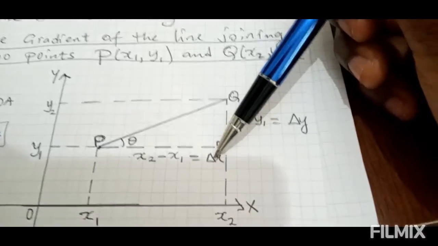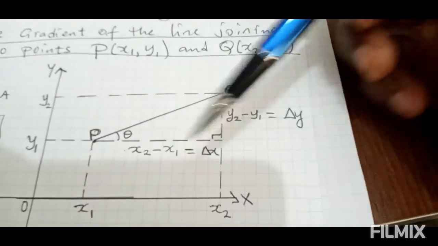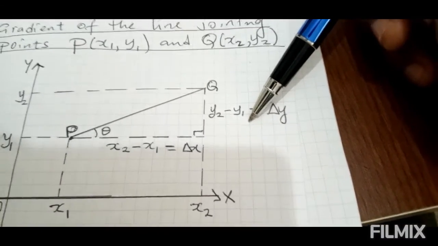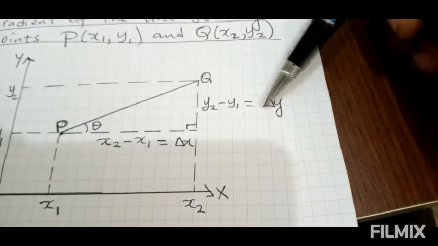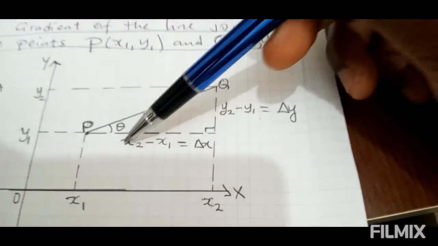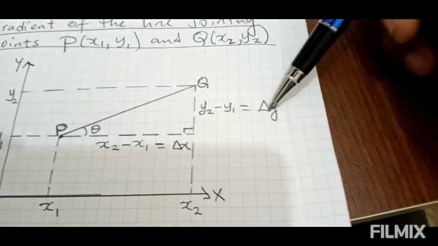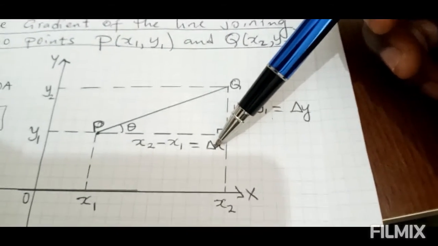As you can see, we have the distance here, x2 minus x1 and y2 minus y1. This can simply be said to be change in y, and this can be said as change in x, delta y and delta x.